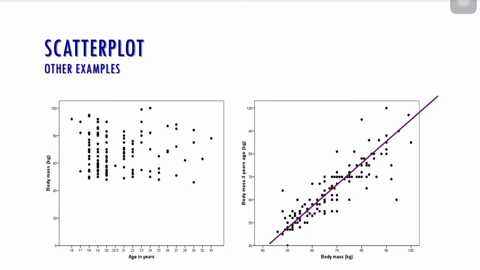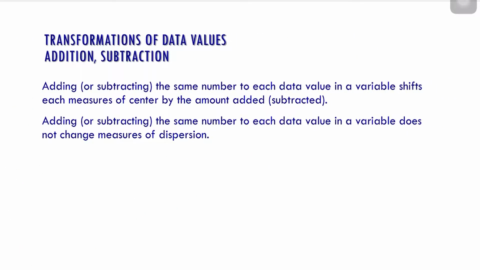Our data can be not good because the data does not have a good relation, and we study again R square is not good. Here is a good, big value. Here it can be a very small value and not acceptable. And we use transformation of the data value, addition and subtraction.